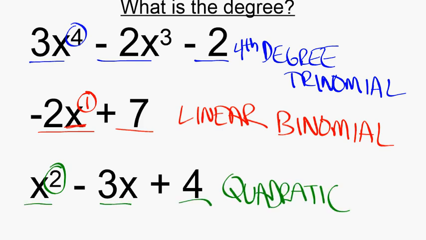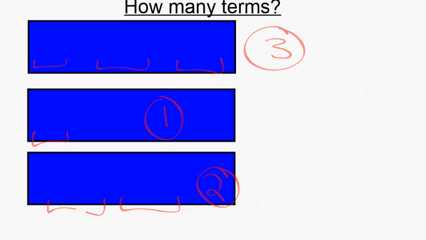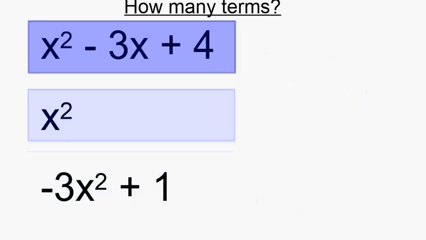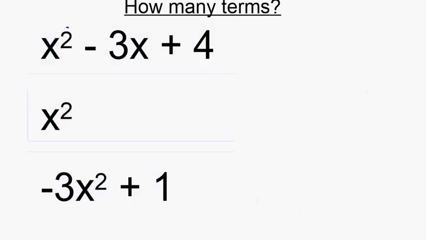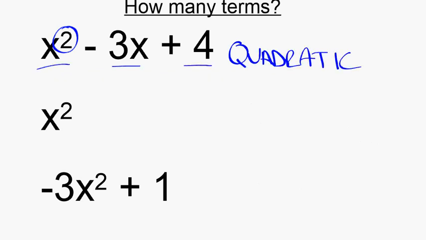And there are 1, 2, 3 separate terms, so it is a quadratic trinomial. Next page. We have a largest exponent of 2, so this is a quadratic. And then since there are 1, 2, 3 terms, it is a quadratic trinomial.